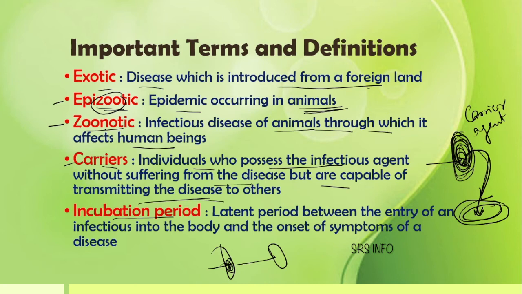So the time period between the entry of this infectious agent into the person and the onset of symptoms of a disease is called the incubation period. It is the latent period between the entry of an infectious agent into the body and the onset of symptoms of a disease.